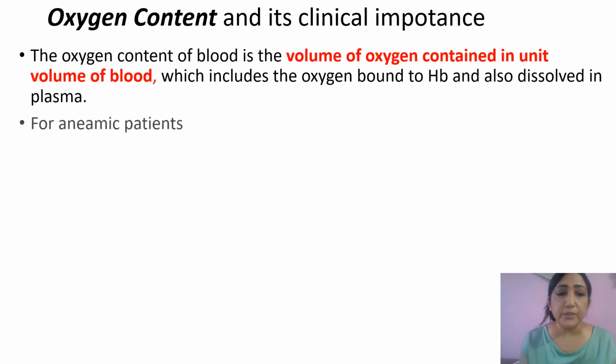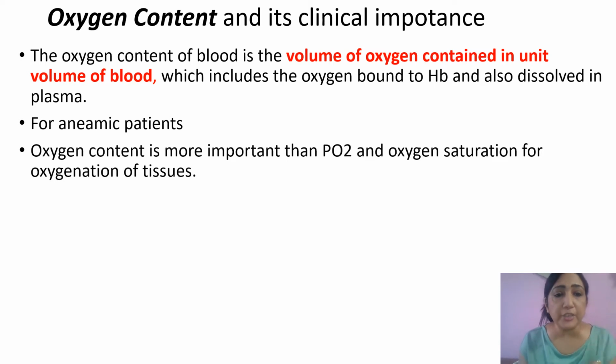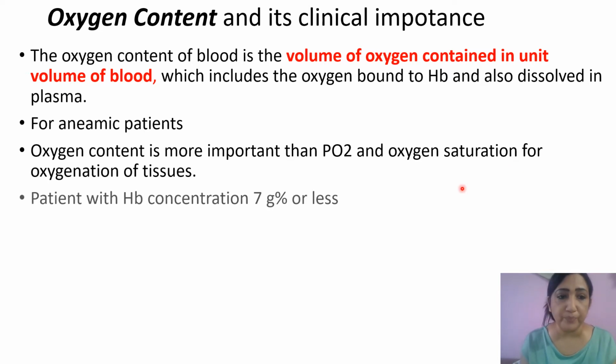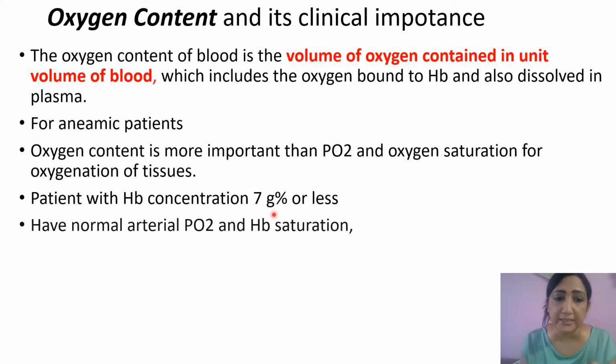Suppose for an anemic person, what will happen in anemia? The hemoglobin content is less, so obviously the bound oxygen with the hemoglobin will be less. The oxygen content is more important to the tissue than the partial pressure of oxygen and the oxygen saturation. A patient with anemia has 7 gram percent of hemoglobin or less, so the bound oxygen is less.